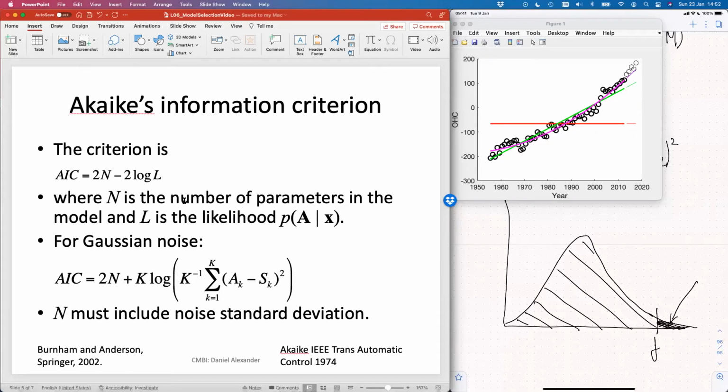If we look at this simple expression, the general expression for Akaike's information criterion, it very directly encodes this notion of trading off between complexity and goodness of fit. It simply increases linearly with the number of parameters n here, and decreases linearly with the log likelihood, or the goodness of fit. The more complex the model is, the more this increases.